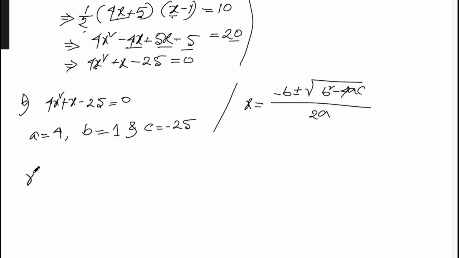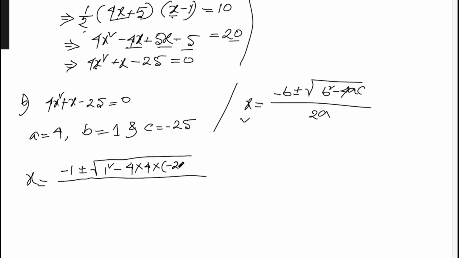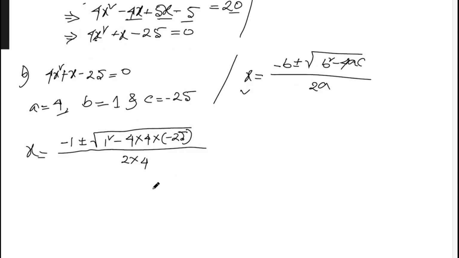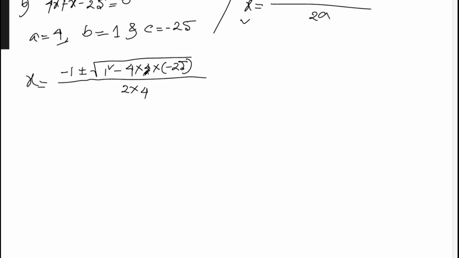So now if we put the values of a, b, c in this equation, we will get x is equal to minus 1 plus minus square root of 1 square minus 4 multiplied by 4 multiplied by minus 25 over 2 multiplied by a, and the value of a, that is 4, means 2 multiplied by 4. So if we go further in the calculation, you will get two values of x.